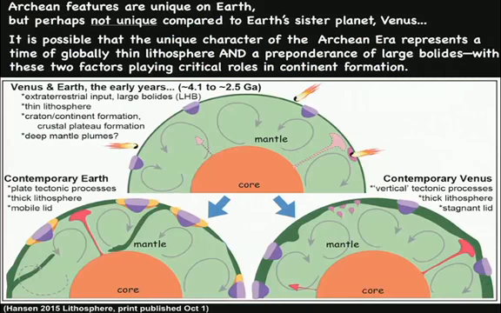So when we look at these two planets, I want to say that the Archean features that we see are unique on Earth, but I don't think they're unique in the solar system. And perhaps we can use Venus as an analog to at least expand our minds in terms of considering other hypotheses for the formation of cratons.